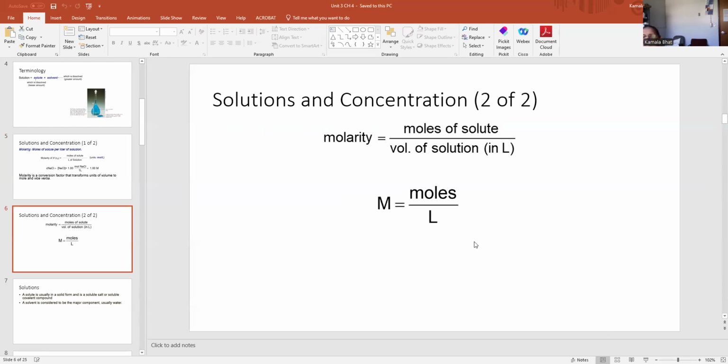You will get three possible steps, just like in density. 3 terms are there, and you can solve for any of the 3 terms. So moles divided by molarity will give you volume in liters. Then molarity times volume in liters will give you moles. And moles over liter is defined as molarity.